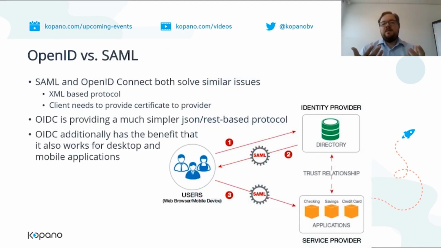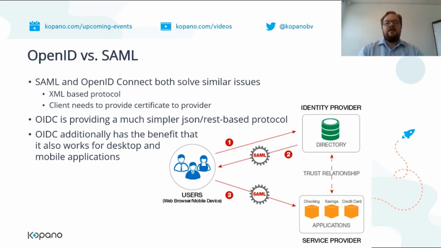And then there is SAML as a standard that is also already quite widely used. Both OpenID Connect and SAML are quite similar and solve similar issues, with one main differentiator: SAML as a standard is already quite a bit older.